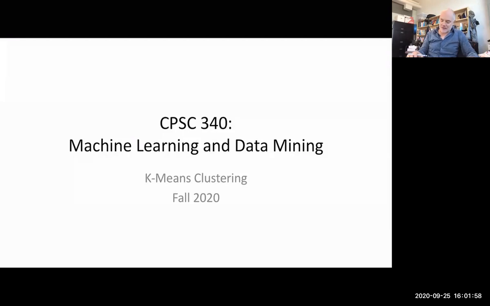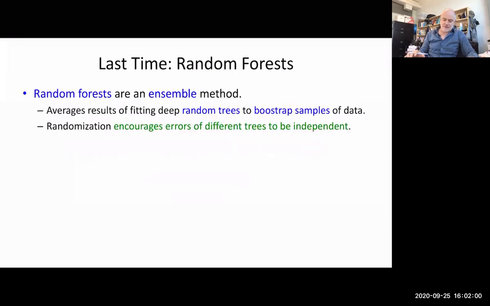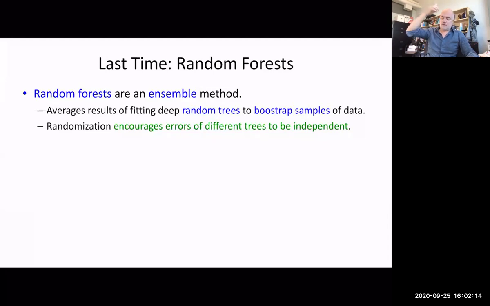Today we'll talk about k-means clustering, but only after we solidify our understanding of random forests, which we covered last time. So we talked about different kinds of ensembling last time in order to improve accuracy without hurting too much in terms of overfitting. And random forests are one example of an average style ensemble method, which basically averages the results of fitting deep random trees to bootstraps of data.